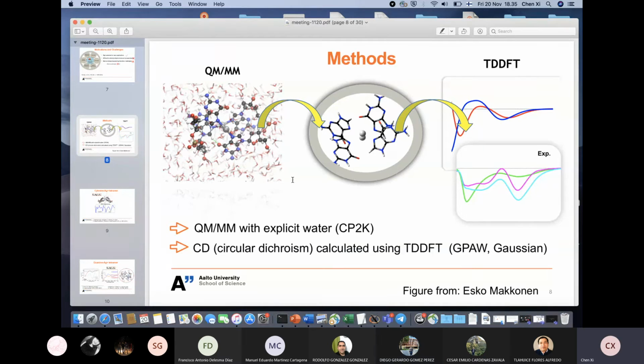Because as you mentioned at the beginning, for this kind of system, it's important to also include the environment because they exist in water, right? So using implicit solvent conditions wouldn't be as optimal as simulating them explicitly.